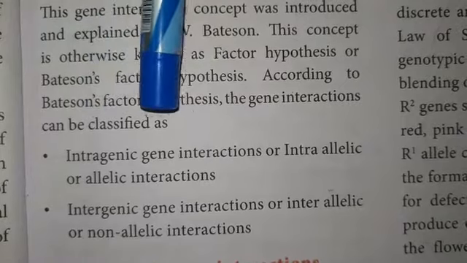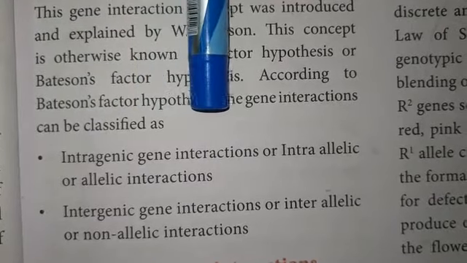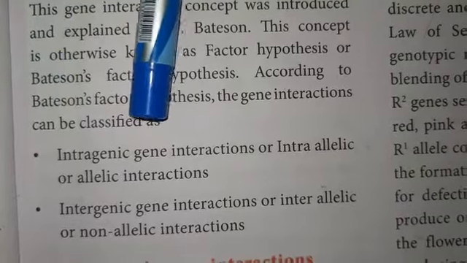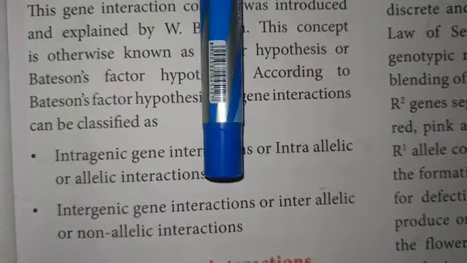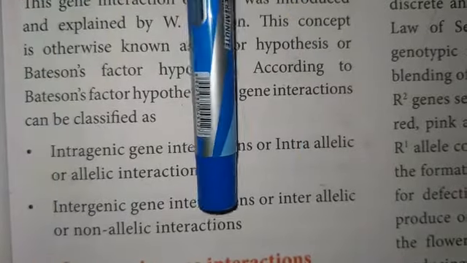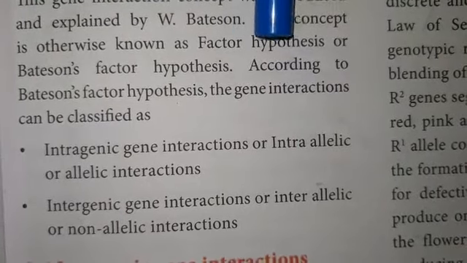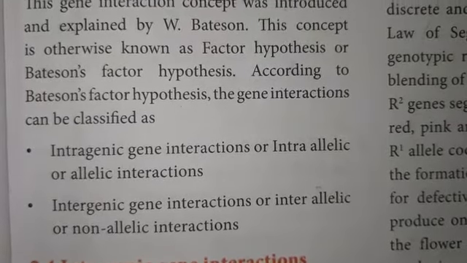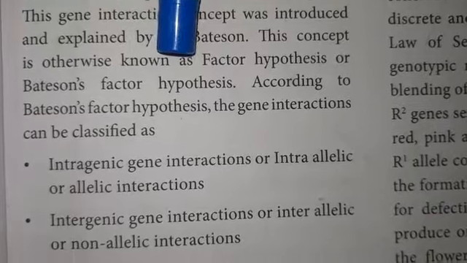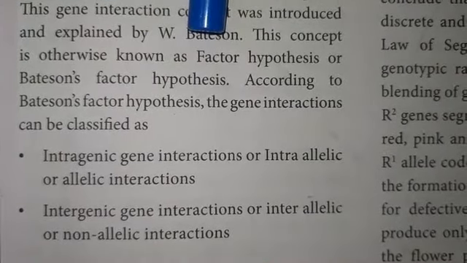One is intragenic gene interaction, or intra-allelic or allelic interaction. The other is intergenic gene interaction, or interallelic or non-allelic interaction. So the hypothesis which was proposed by Bateson is called Bateson's factors hypothesis.